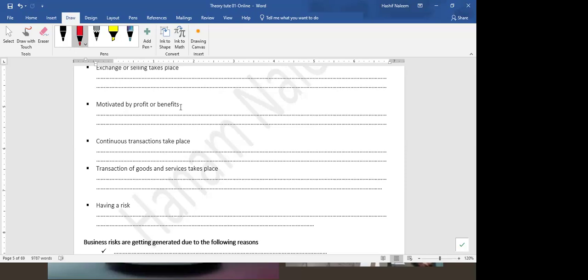Another one: WHO, don't write it in short, write in capital, WHO within brackets if you can. World Health Organization is motivated by benefits. If all are getting the benefits out of their service, they will be motivated. I am giving a service, everyone is getting the advantage of that, so it will be motivating for them also.